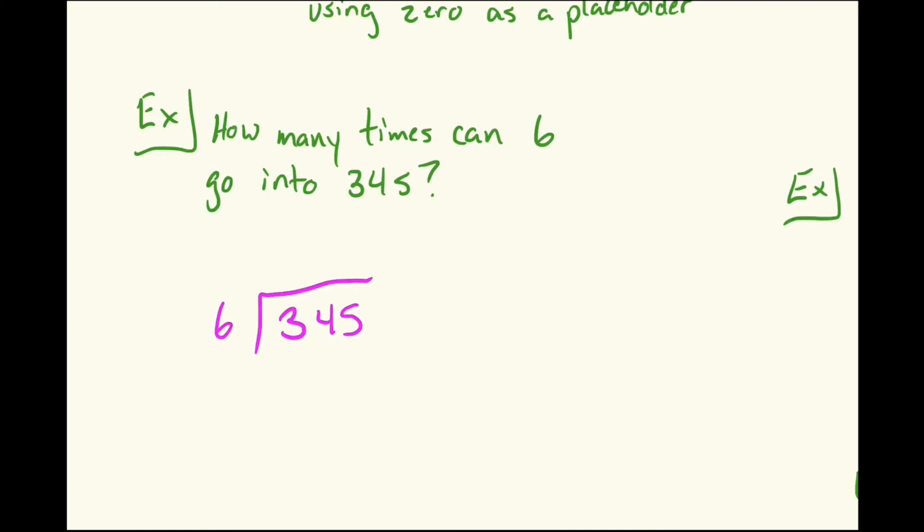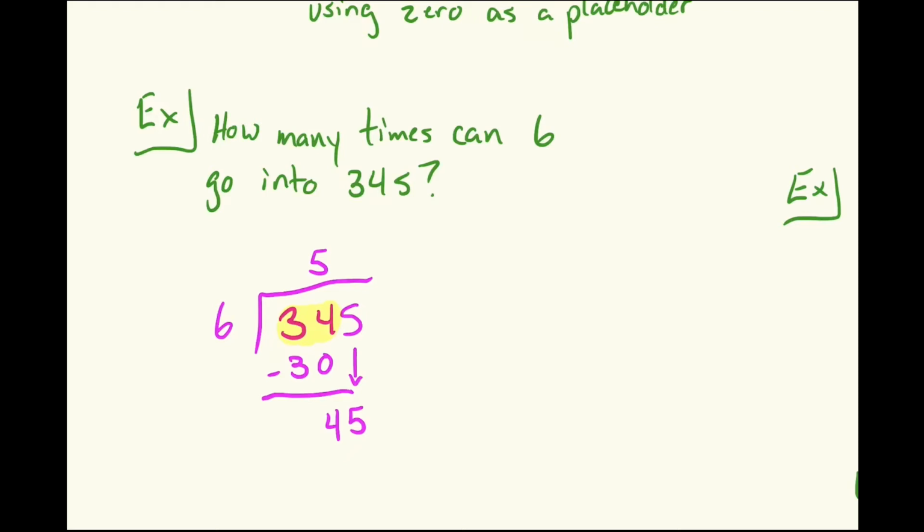So we ask, how many times can 6 go into 34? Well, 6 times 5 is 30. 6 times 6 is 36, so that's too big. So we say 5. 6 times 5 is 30, and we subtract that off. 34 minus 30 is 4, and we bring down the 5.